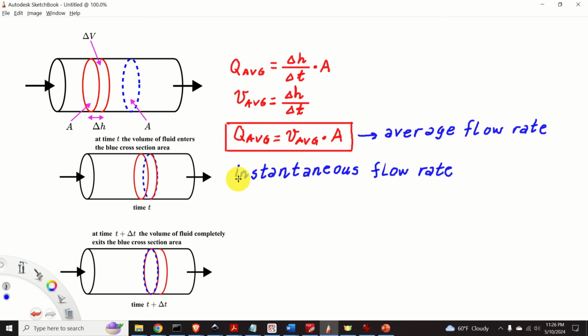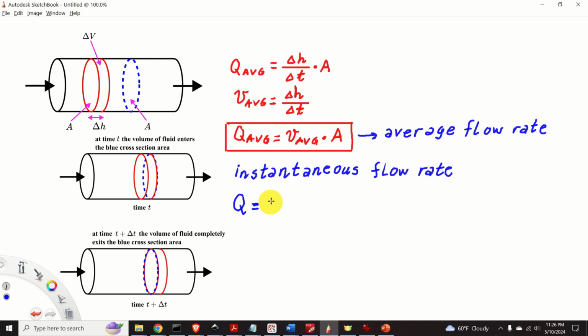Next, let's define the instantaneous flow rate. The instantaneous flow rate, denoted by Q, is defined from the definition of the average flow rate when we let delta t go to 0.